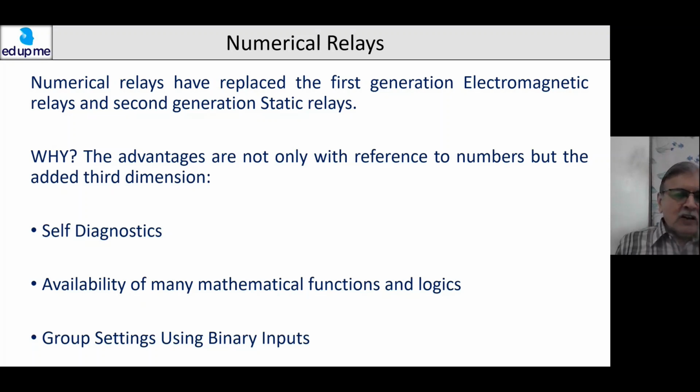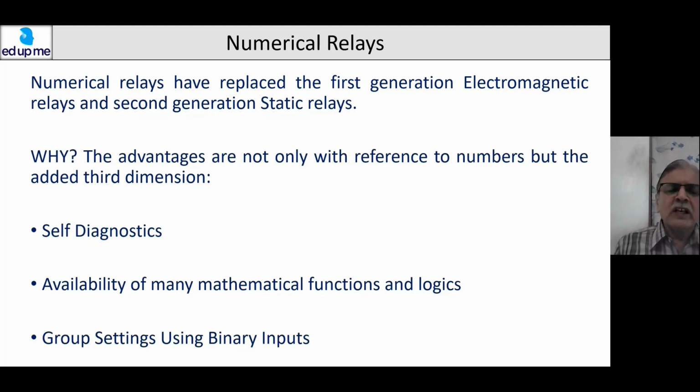The second advantage is the availability of many mathematical functions and logics. It was not possible to differentiate in the case of earlier relays. In electromechanical relays, if it could be done at all using LC circuits, it would need a large space and also a very large time delay.